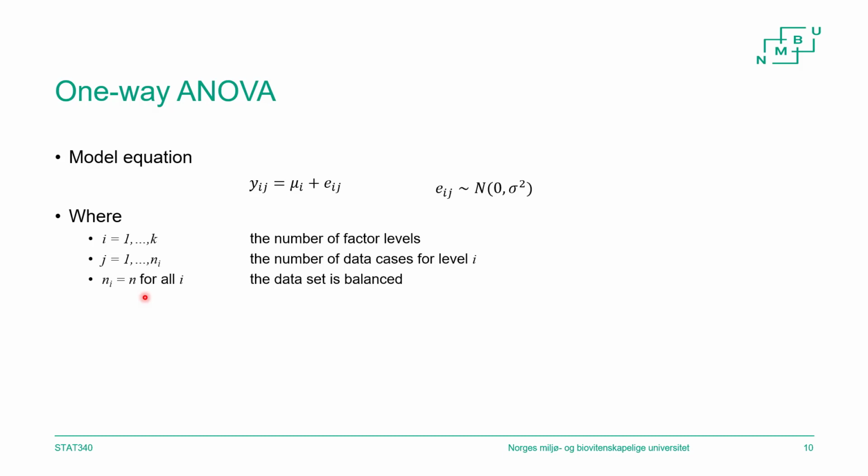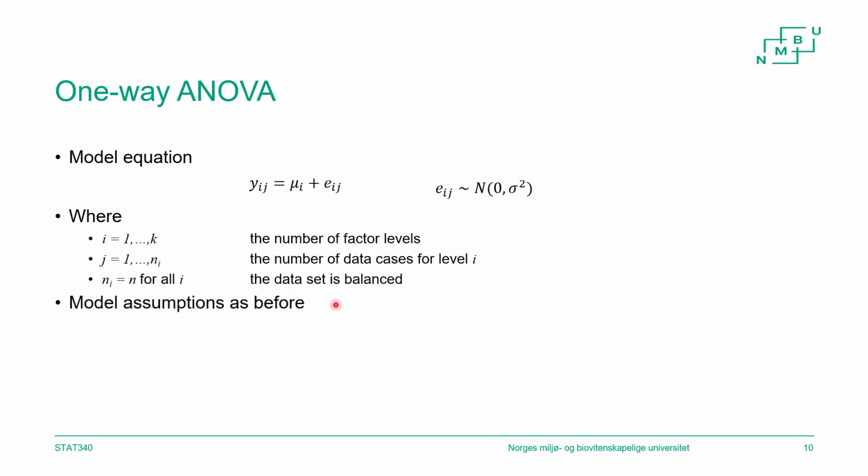In most of the examples we see here, and in the exercises, we typically have balanced data, as we say, and that means the number of observations is exactly the same for all factor levels. So if you have 10 observations for the first, you also have 10 for the second and 10 for the third and whatever, right? But that is not strictly necessary, right? It can vary.